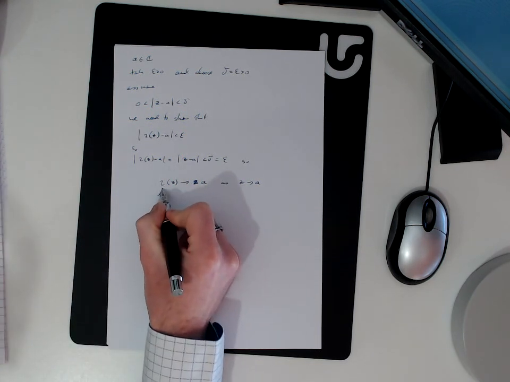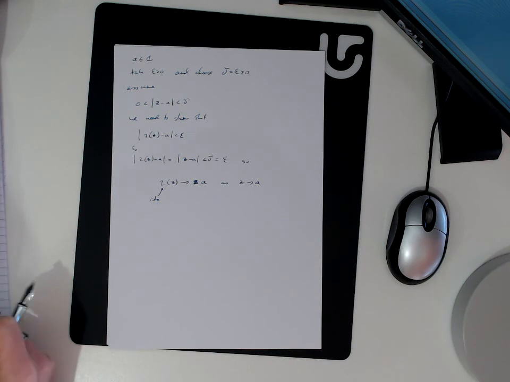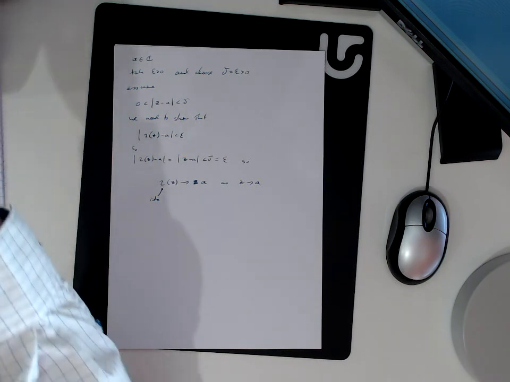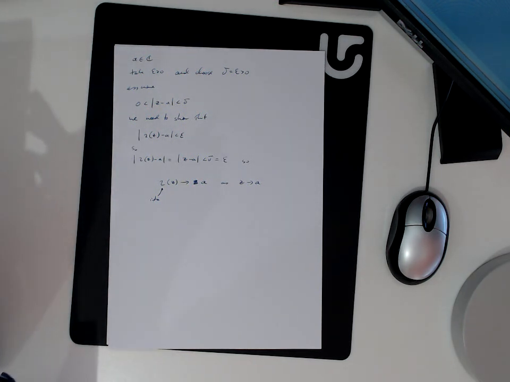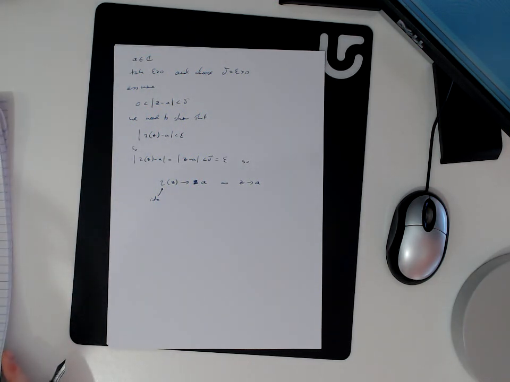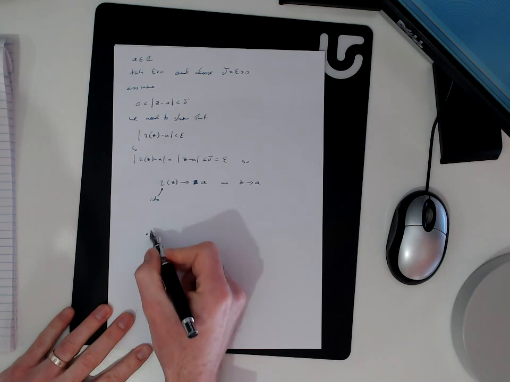This is the identity function, and this letter here is called iota. Okay, now, given those examples, let's go back to the definition and have another look at things.